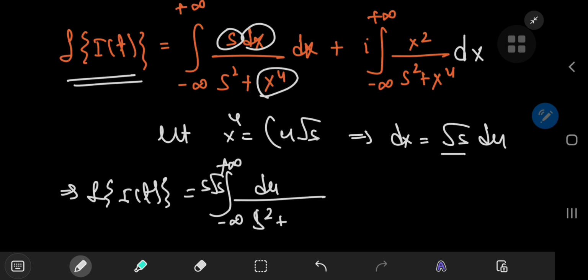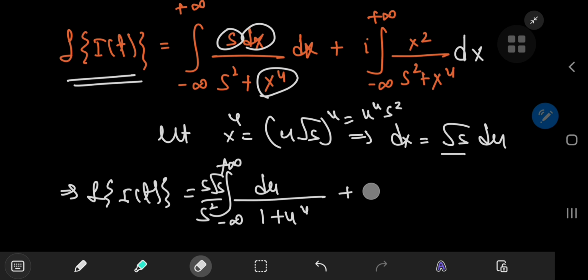Well, accordingly, this should be u to the fourth power times s squared. So you can actually factor out this s squared term. So you have 1 plus u to the fourth power. And for the other integral, you have the imaginary unit i.